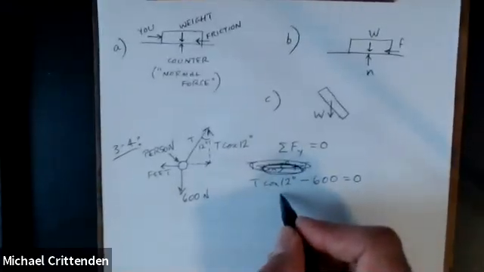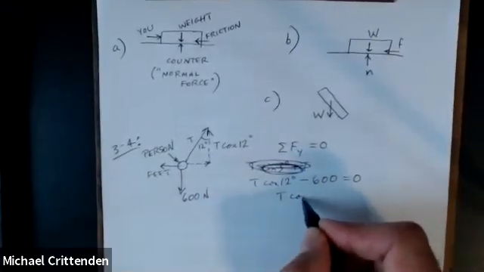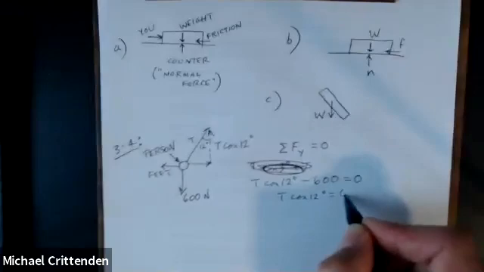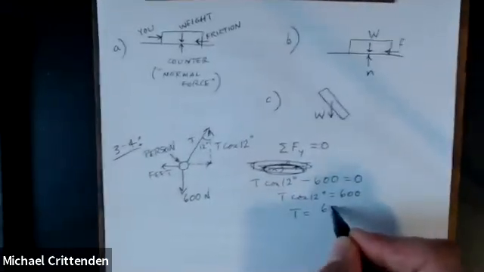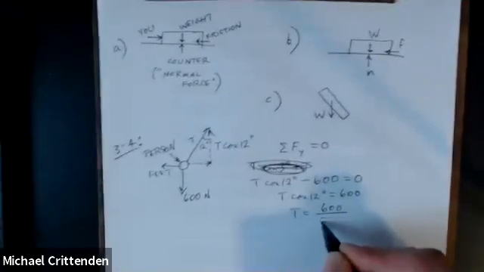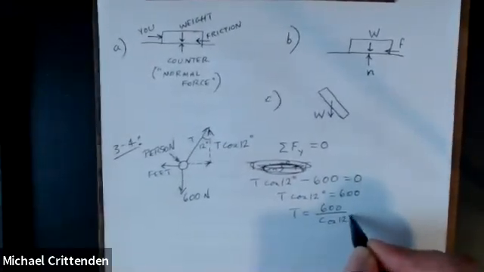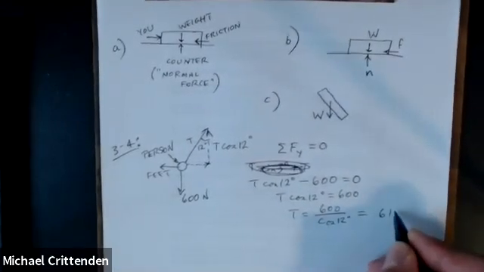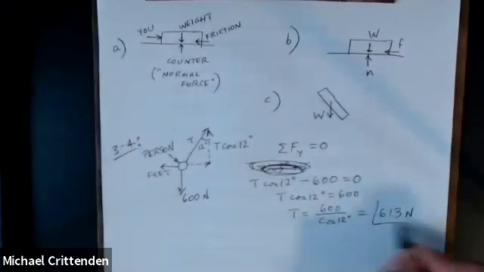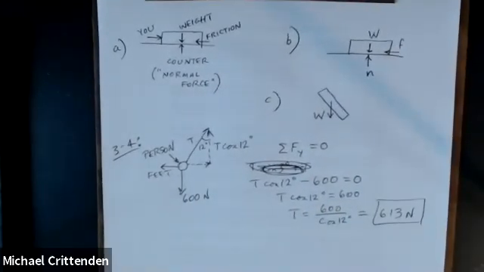Add 600 to both sides. Divide. And then you get out your calculator. And that's the tension in the rope.